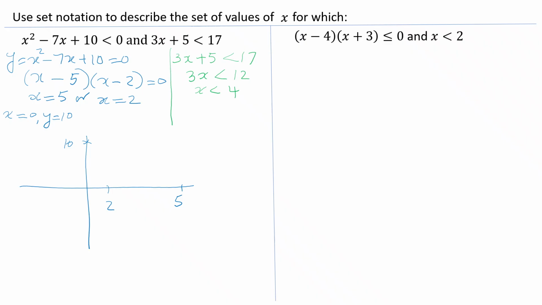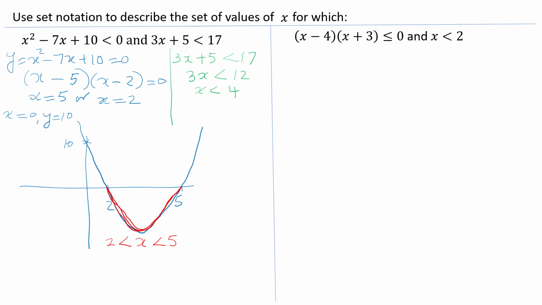This is 10. So the graph is this way. The first inequality is less than 0, so below the x-axis. First inequality, below the x-axis, this part. So 2 less than x less than 5.